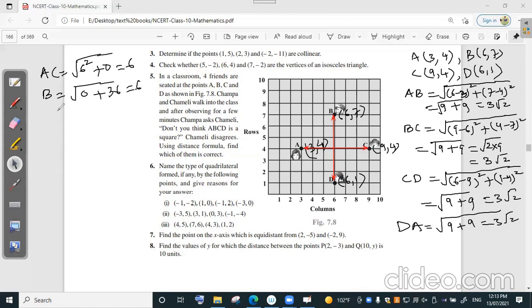So we got AC and BD. AC is equal to BD. Diagonals are equal also.